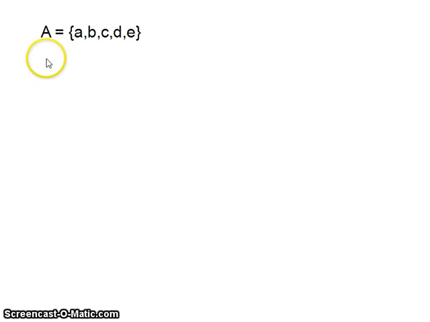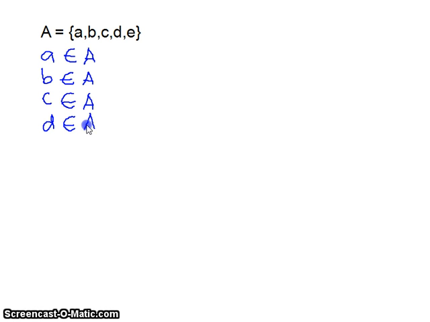I have an example of set A here, and I can say that set A contains A, B, C, D, and E. So A is an element of set A, B is an element of set A, C is also an element of set A, D is an element of set A, and also E is an element of set A. But if I am given F, I cannot say that F is an element of set A because I can never find F here.